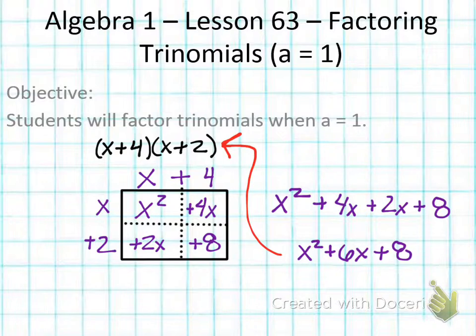You'll see the first step is to identify and factor out any greatest common factor if that exists. If we have a binomial times a binomial, we end up with this kind of trinomial. So now we want to work backwards from the trinomial to a product of two binomials. Does that make sense?